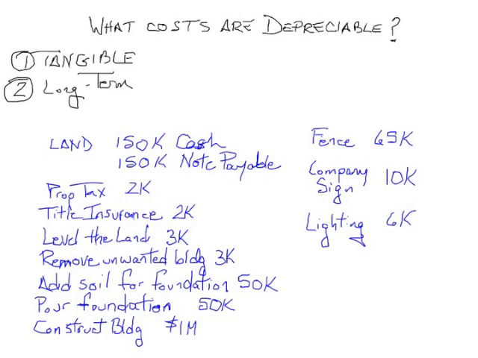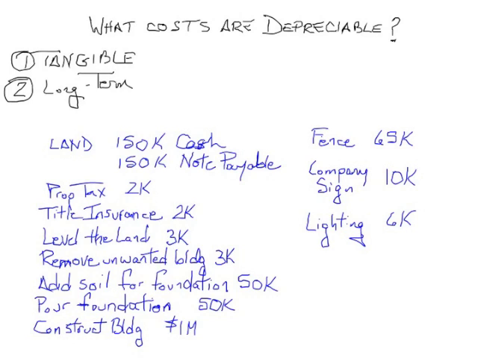The land we paid for with $150,000 of cash down and $150K of a note payable. We had to pay some delinquent property tax of $2,000, title insurance of $2,000. We had to level the land before we could use it, and we had to remove an unwanted building that was on the land. All of these cost us some money.